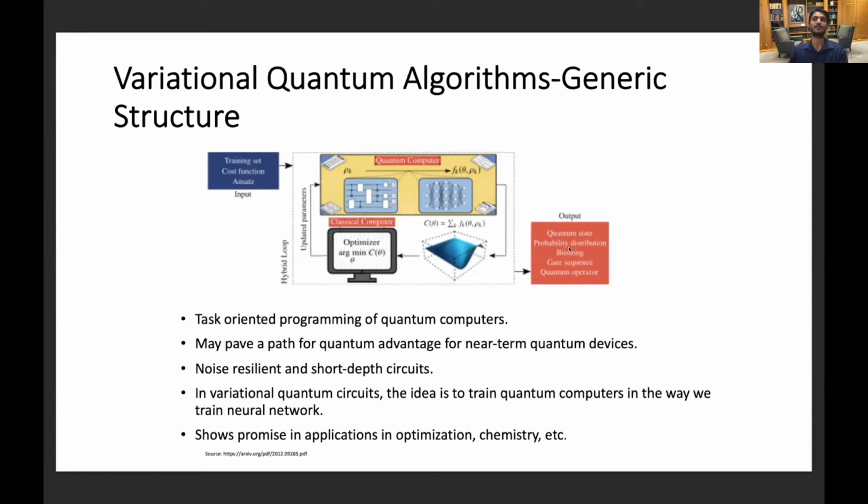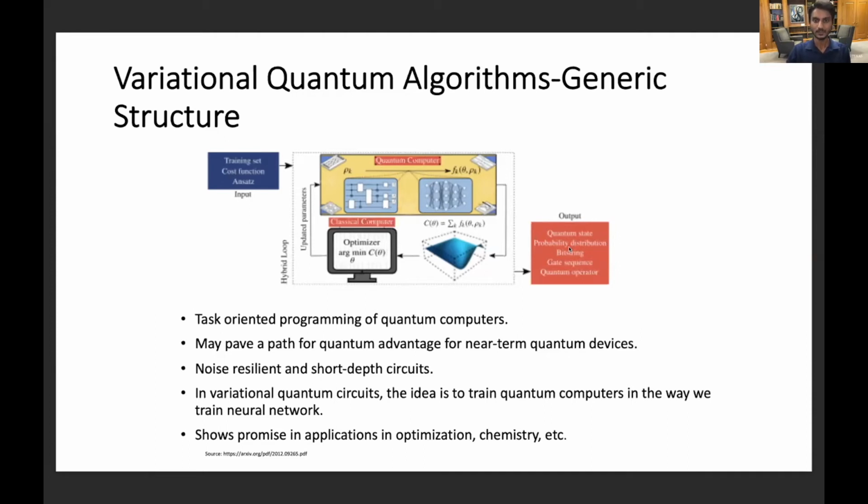Again, that quantum circuit will come with some parameters, and the quantum circuit just computes the cost function, and that optimization is done classically and fed back to the quantum device and so on. So that is the structure. If you're familiar with training neural networks, you can just think of quantum variational algorithms as similar to neural networks, but with the neural network replaced with a quantum circuit.